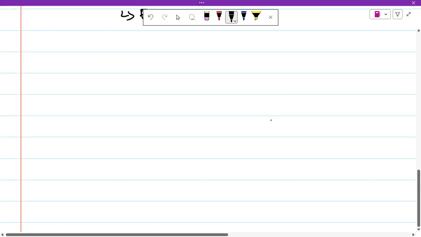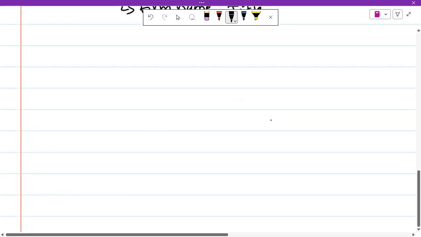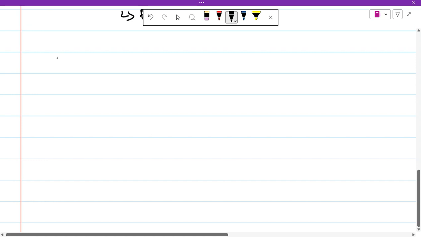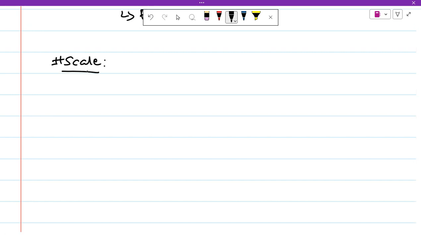So what is scale? Let's talk about a very fine topic known as scaling. In real life, let's talk about building drawing. Building is very big, and we cannot just accommodate the whole size of the building into the sheet of paper.